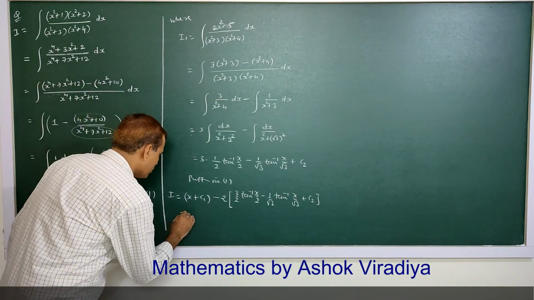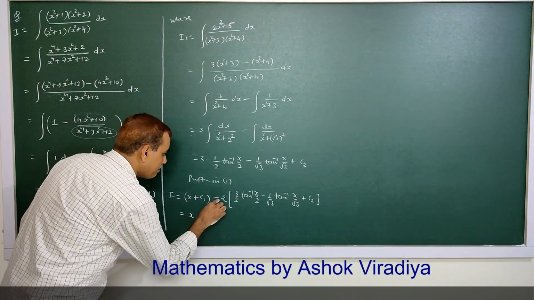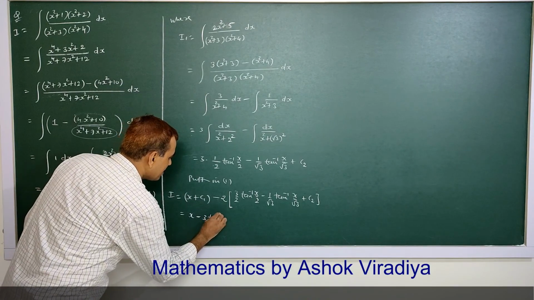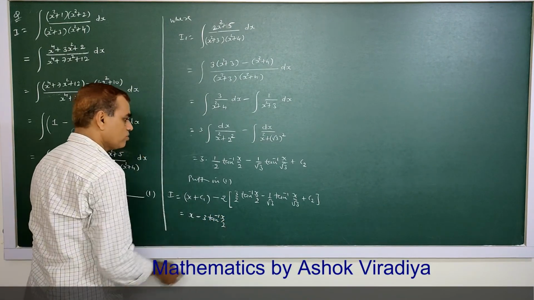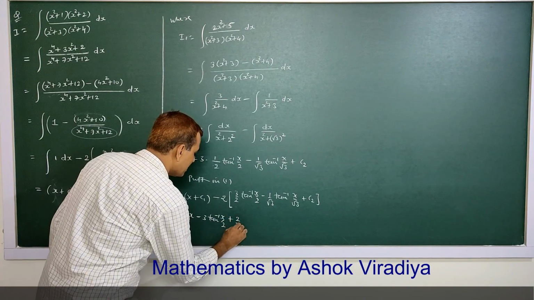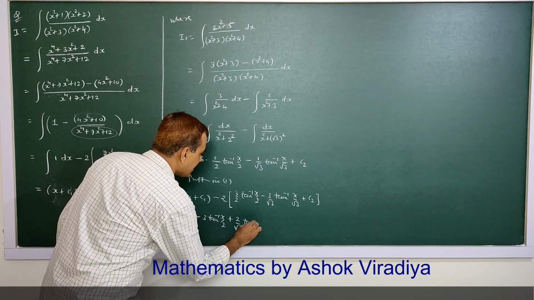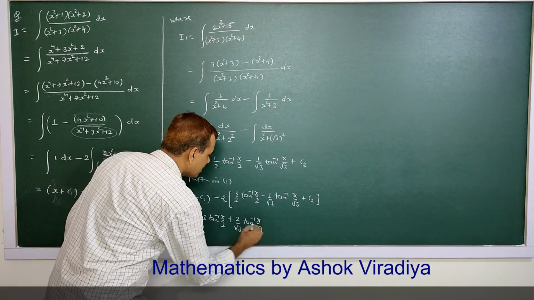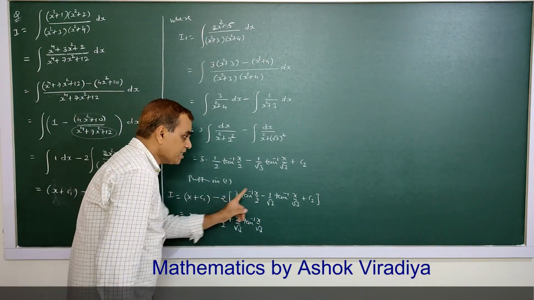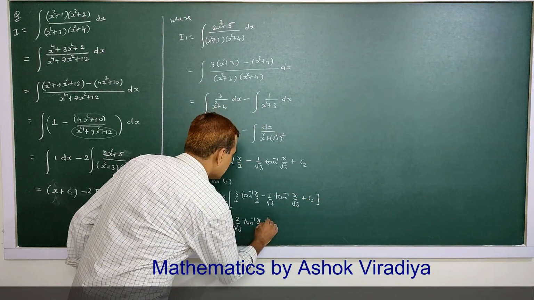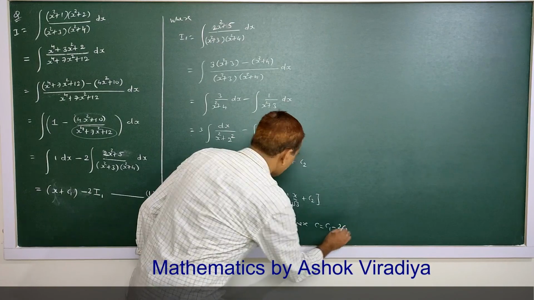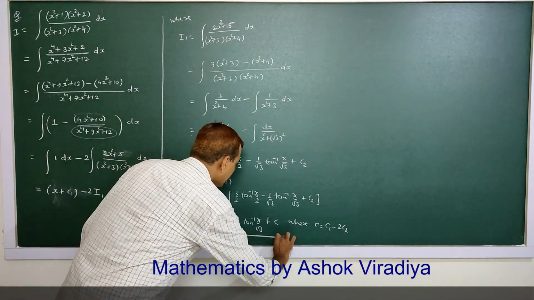So it is equal to x minus 2 into 3 by 2, which is 3 tan inverse x by 2, minus 2 into minus 1 is plus 2 by root 3 tan inverse x by root 3, and c1 minus 2c2 is c, where c is c1 minus 2c2. So this is the required integral.